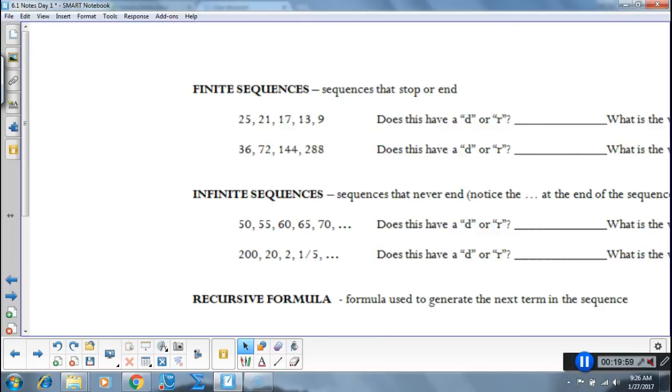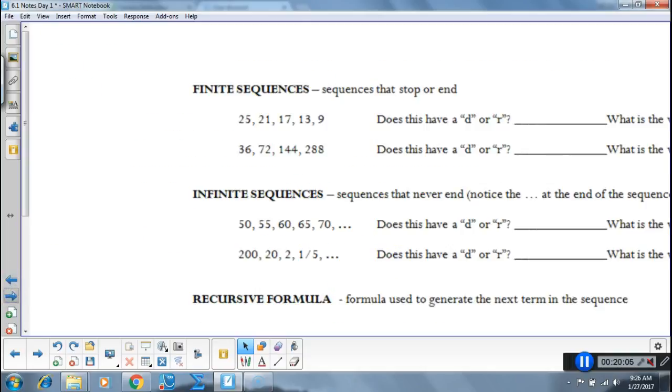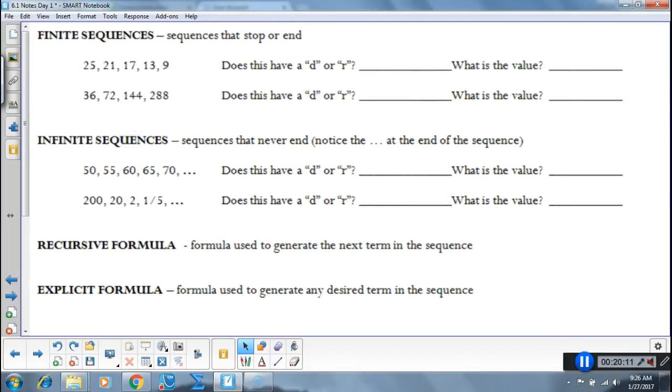Come on, computer, catch up. Okay, so where was I? I was on the dot, dot, dot.